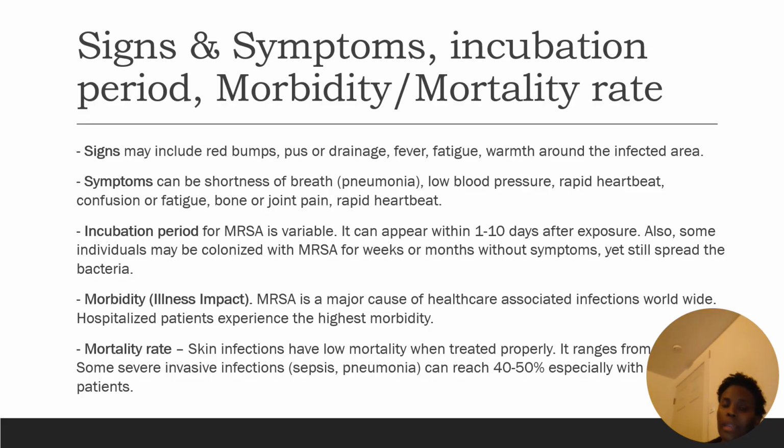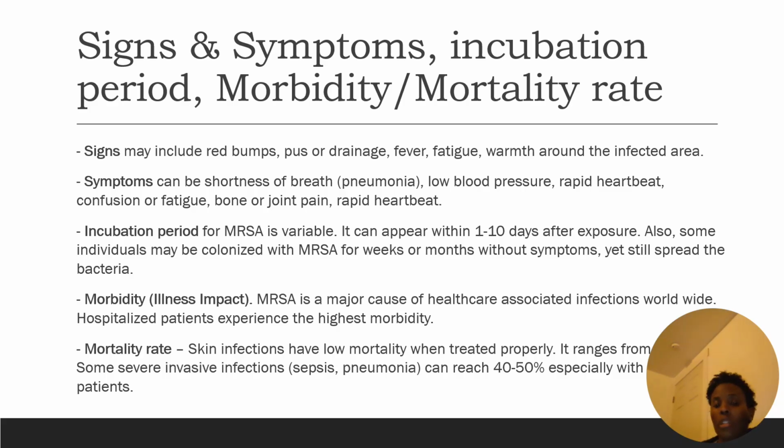What could be the signs, symptoms, incubation period, morbidity and mortality rate of MRSA? Some of the signs may include red bumps, pus or drainage, fever, fatigue, or warmth around the infected area. If somebody has an open skin or a wound, and you start noticing pus or drainage, I would advise you to take a culture, it could be a blood culture or a sample from that area, to rule out MRSA.